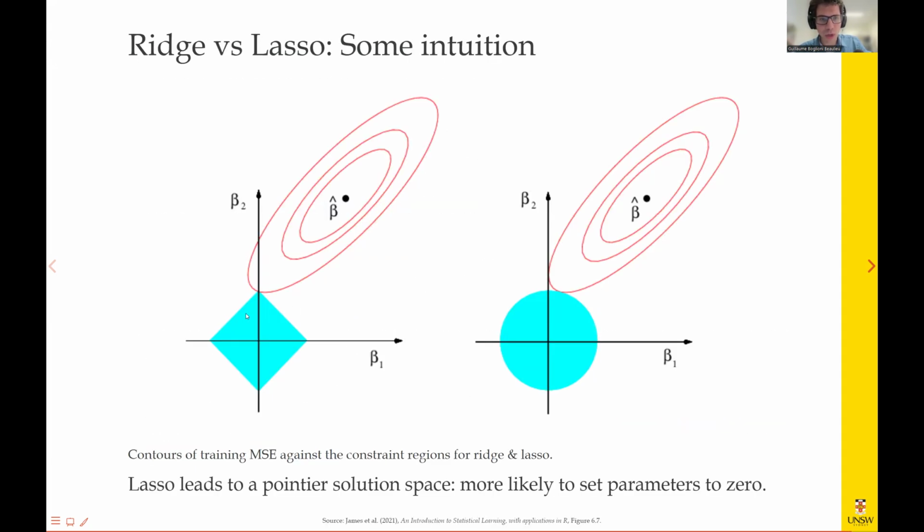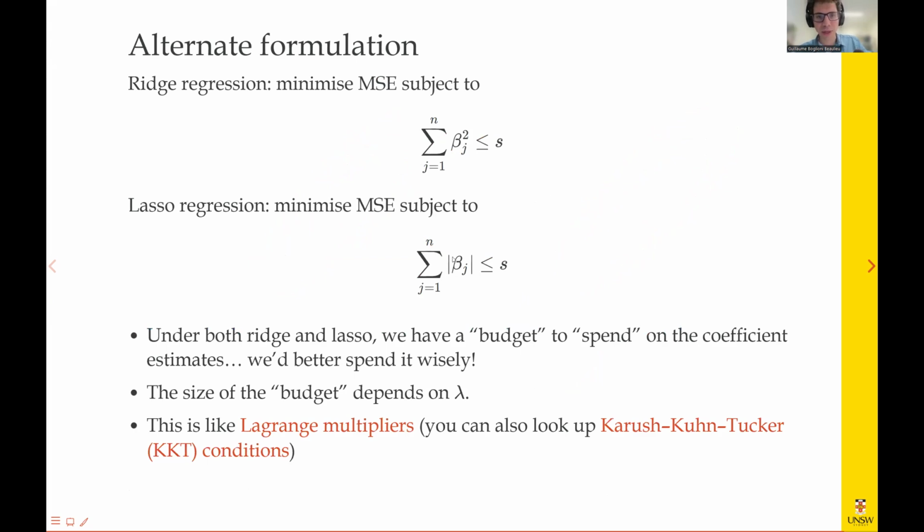Now on the left plot, you have a diamond, and that would correspond to a lasso penalty, because again, imagine you have two betas. The absolute value of beta 1 plus the absolute value of beta 2 is smaller than some value s.